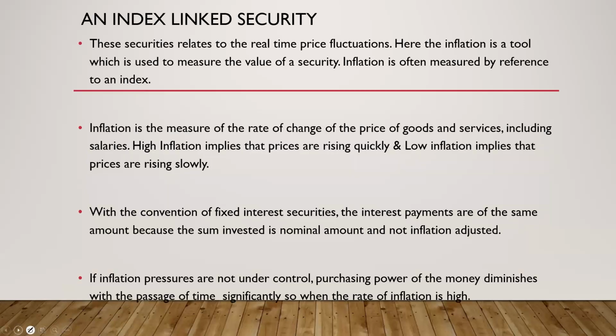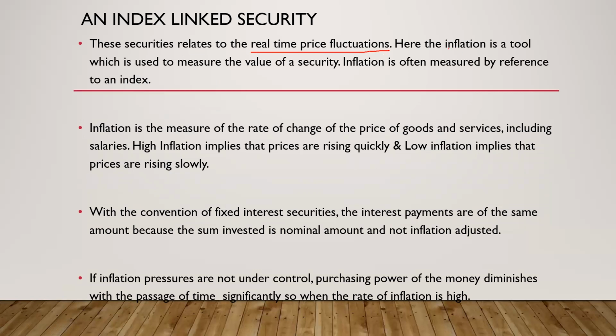Okay. Now we'll move on to an index linked security, which is slightly different from zero coupon bond and fixed interest security. So what does exactly an index linked security mean? So these securities relate to the real-time price fluctuation, which is a live data based price fluctuation.